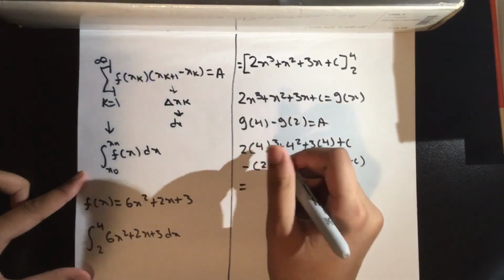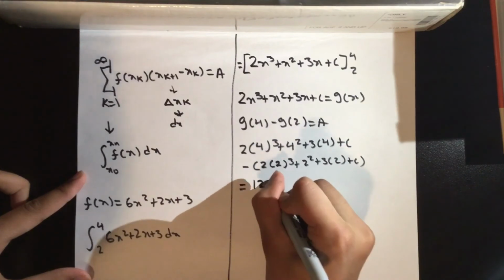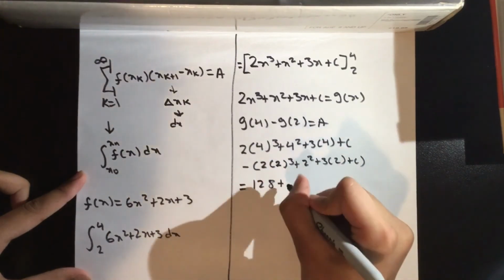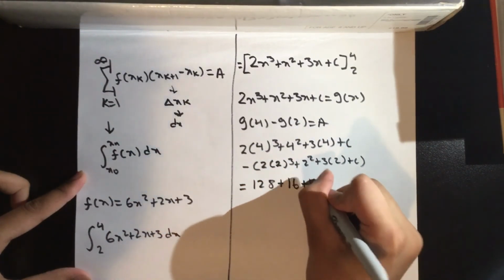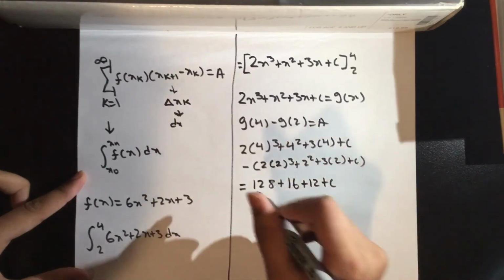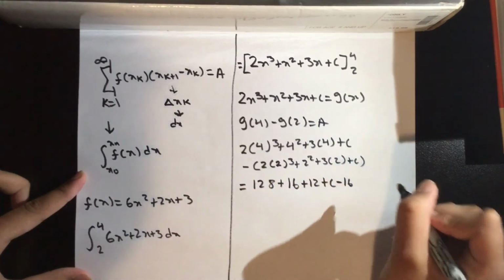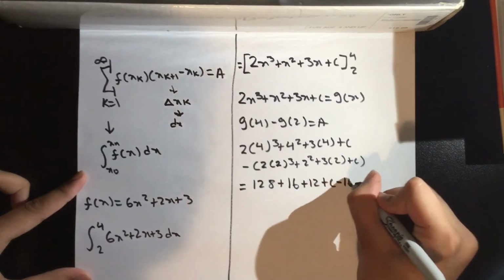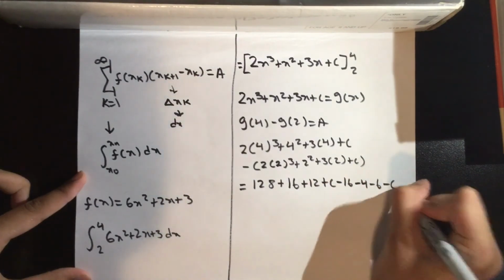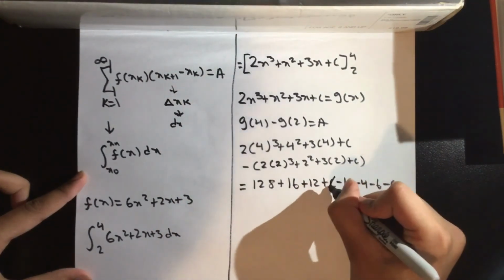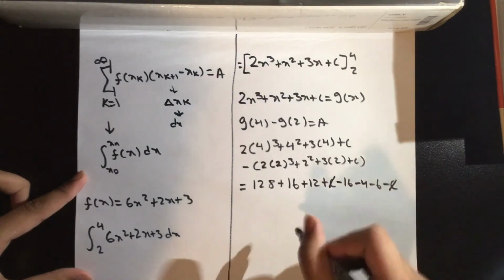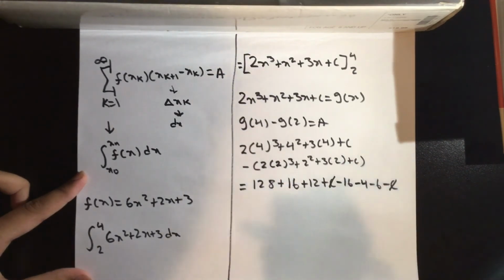This equals 128 plus 16 plus 12 plus c minus 16 minus 4 minus 6 minus c. So as you see here, the c's get cancelled, and this always happens during integration and finding the area.